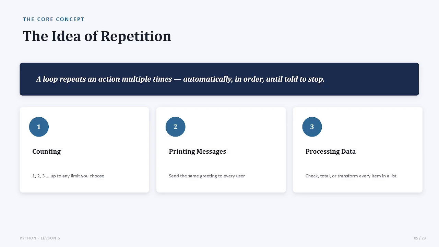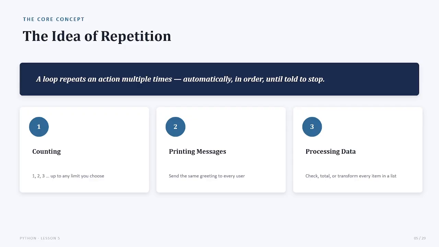You perform the same movement repeatedly. One repetition, two repetitions, three repetitions, and you continue until you reach 10. The programming loop works in a very similar way. We have some piece of code that needs to be repeated. The loop controls that repetition.